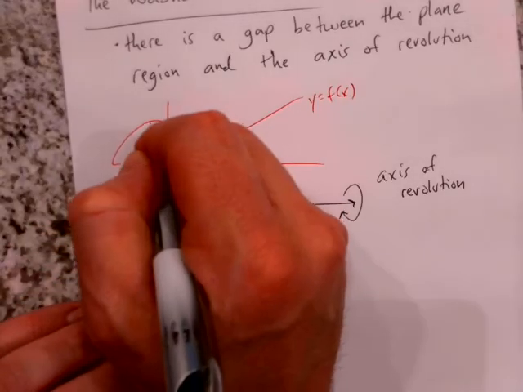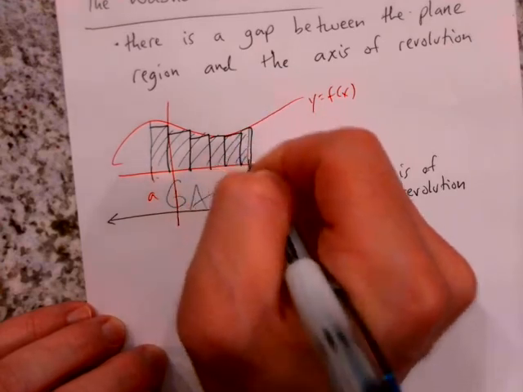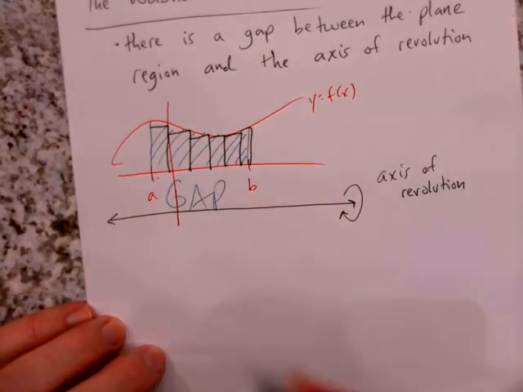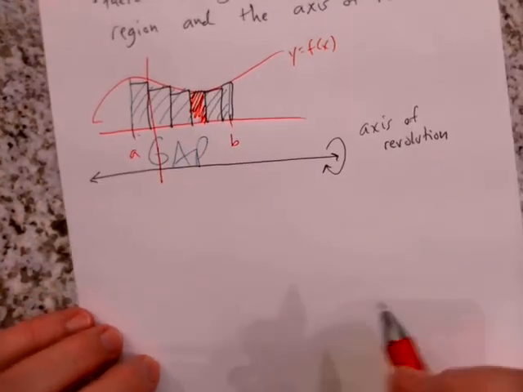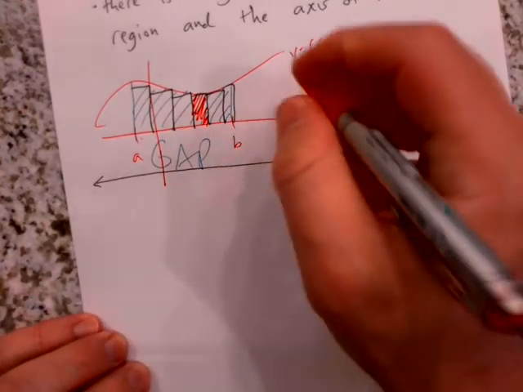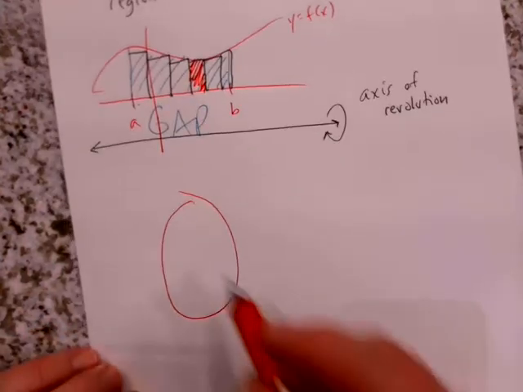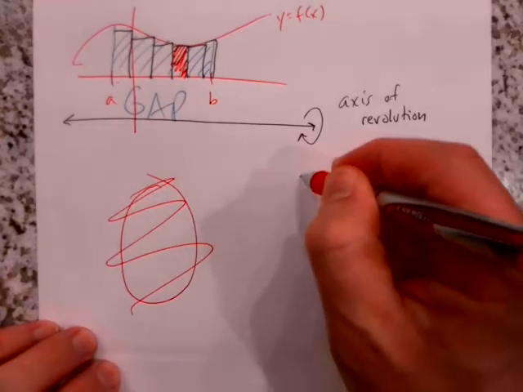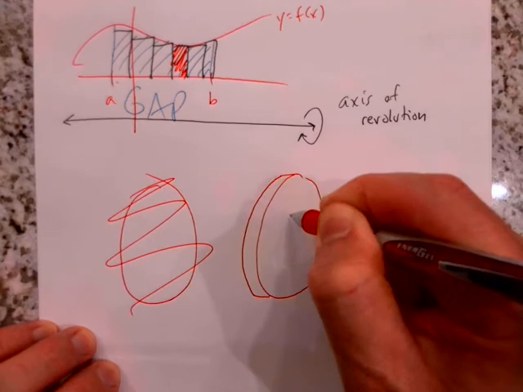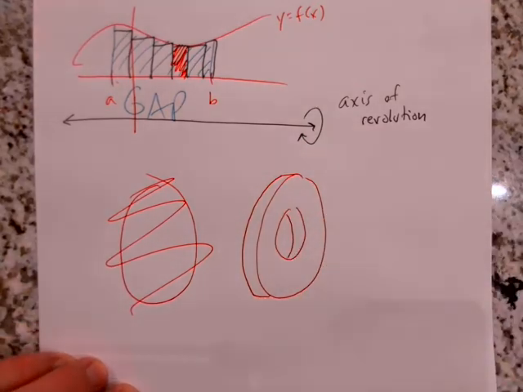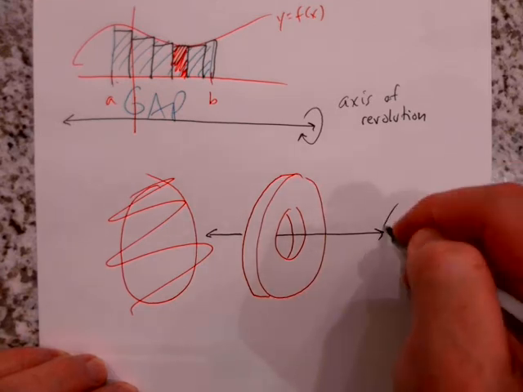So if we break this up into a bunch of rectangles, we'll just consider one of them. Let's consider this rectangle right there. That is the ith rectangle. And when you rotate that about the axis of revolution, what you get is something like this, approximately, where this line through the center is the axis of revolution.